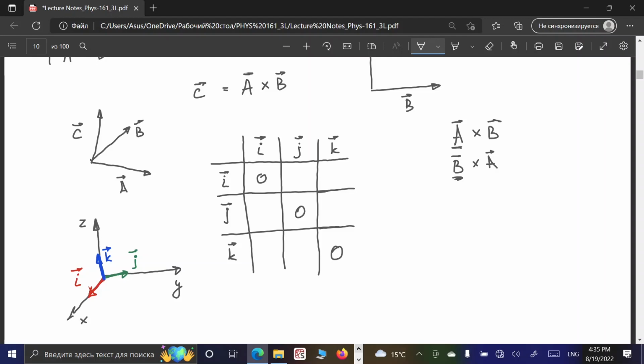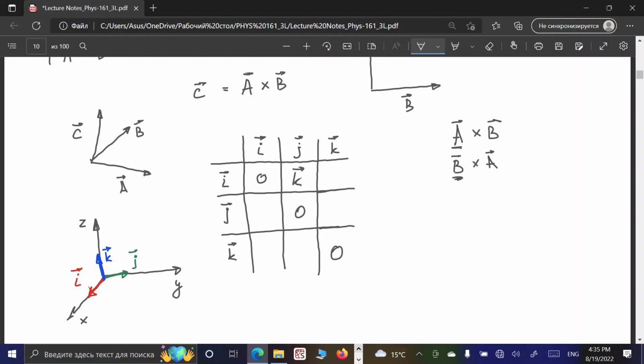So if we look here, we have i times j. We apply the right-hand rule: we cross first with four fingers vector i, then we rotate to cross vector j, and our thumb is showing this direction of vector k. So we can write here, this is unit vector k.